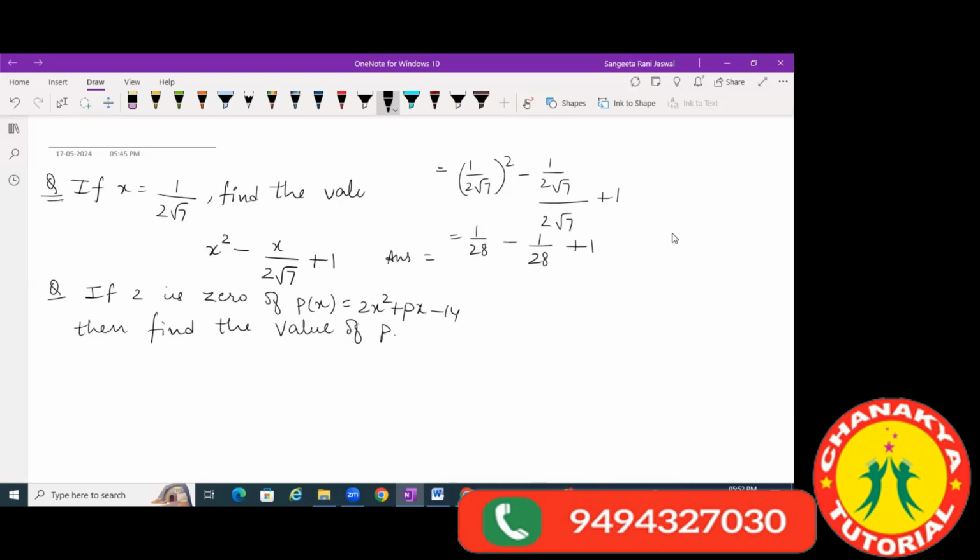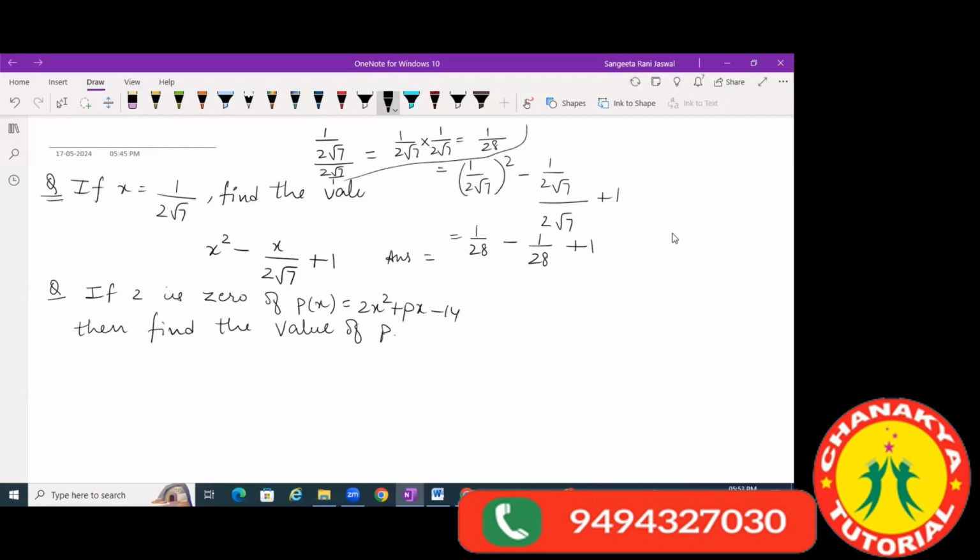Look here. This middle term we can write like this, 1 by 2 root 7, and in the denominator we have 2 root 7 upon 1. When you don't have anything, you have 1. So you write 1 by 2 root 7 into the reciprocal, 2 root 7. 2 into 2 is 4, 4 into 7 is 28.